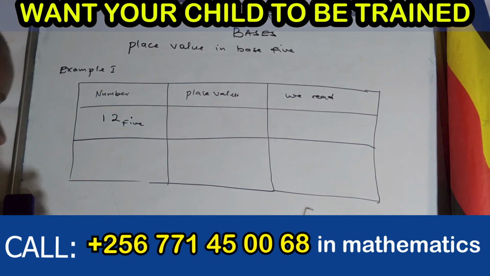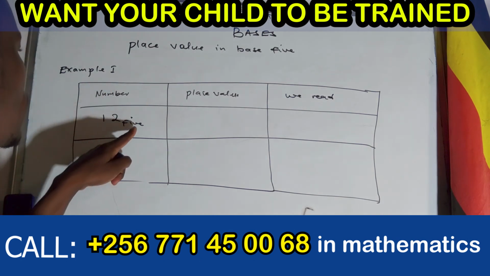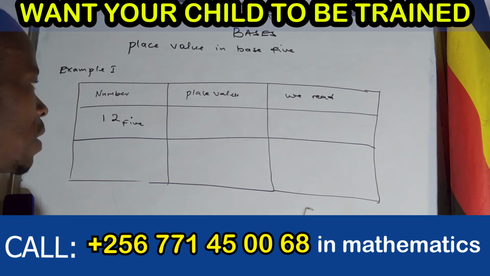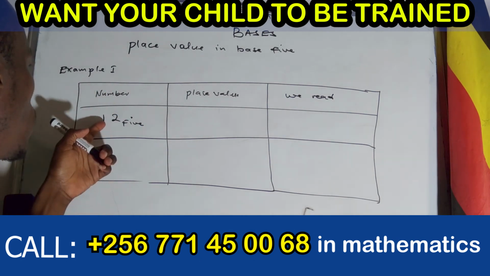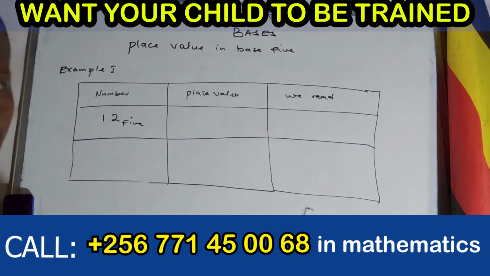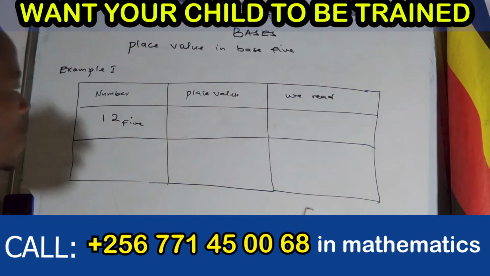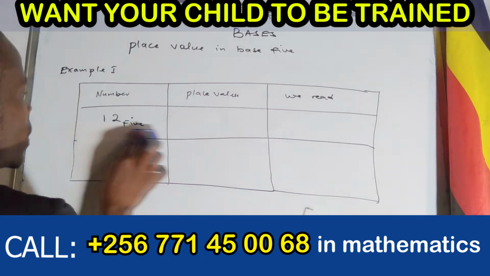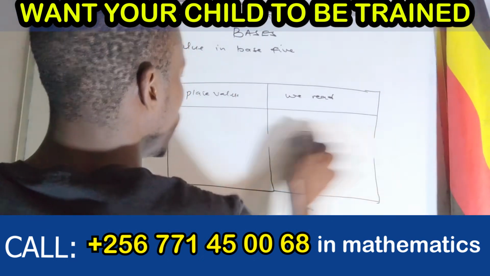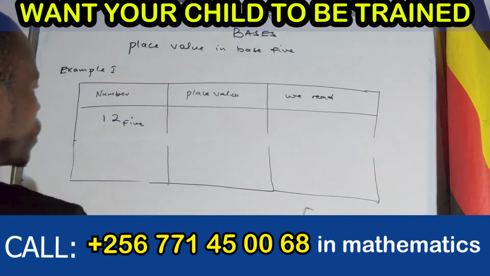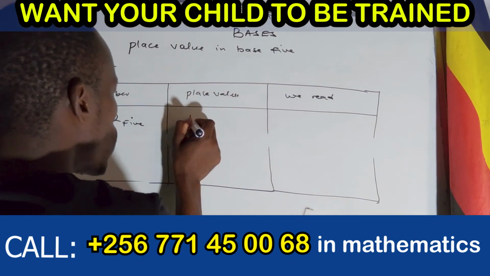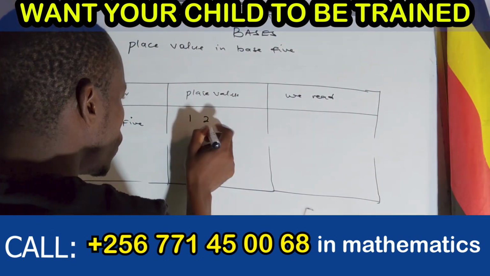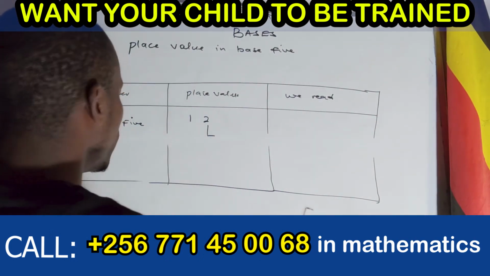So here, this 1 2 to base 5. How do you write the place value of 1 2 to base 5? You're going to group them. One, 2, then we give them place values.